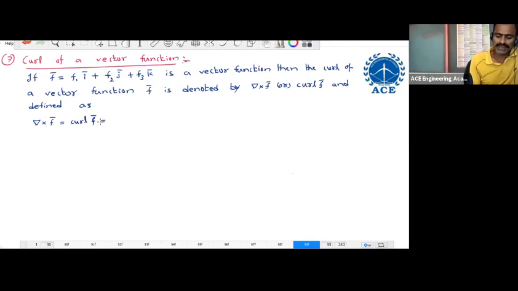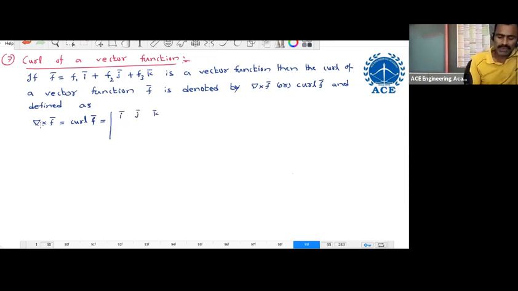An easy way to find this cross product for three dimensions is to consider a third order determinant. Along the first row, from the del operator and f bar, we take the common terms: i bar, j bar, k bar.